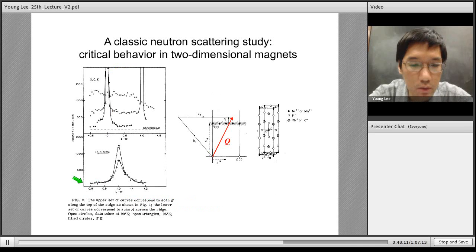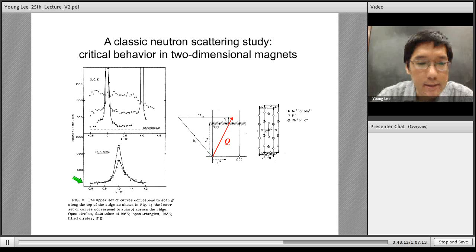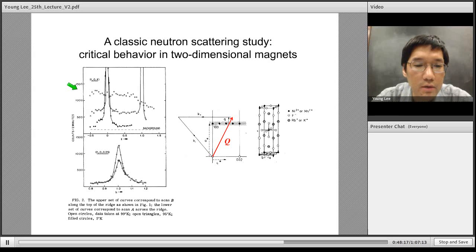Okay, so let's look at some more data. Here are some scans just along the rod, and here it's not as obvious that there is this maximum, but these white open symbols are scattering from the rod, and it has this weak dependence on the L or c-star direction.